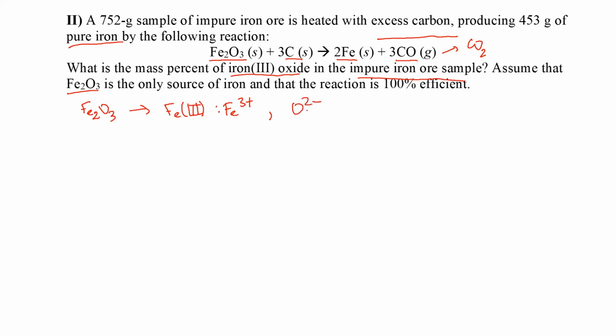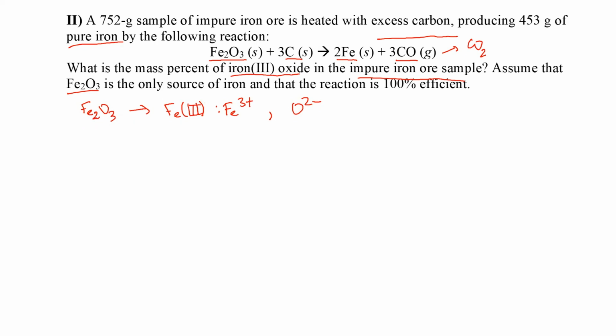So be careful. You have 2 times iron, but it is iron 3. Since it's an ionic compound, you just take the name of the cation, the name of the anion, and you remove the ion in between. So it becomes iron trioxide. When I say Fe2O3, I'm not talking about the oxidation number here. I'm talking about the stoichiometry.